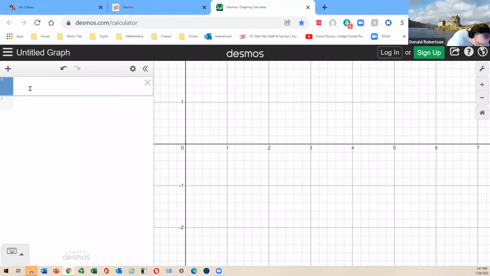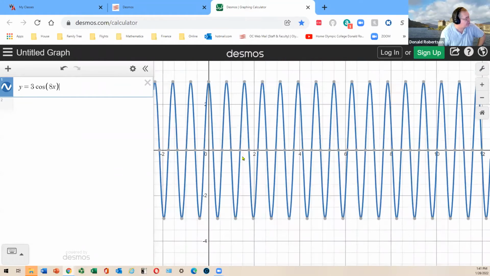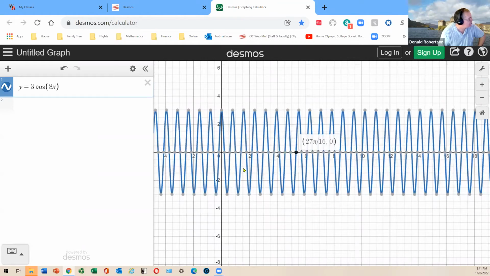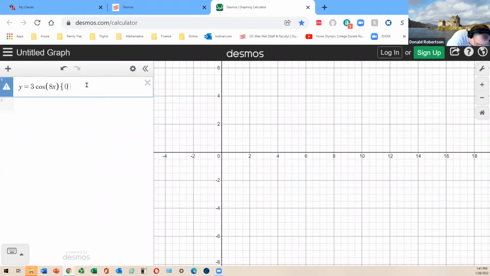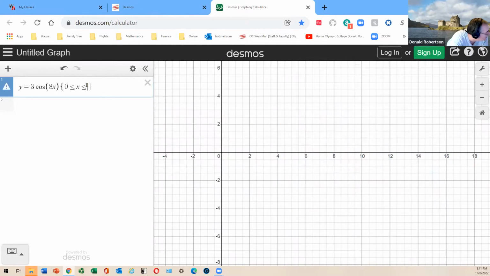So it's y equals 3 cosine of 8x. Okay, don't worry about the weird shape. I think I can make x nicer numbers. So let's do from 0 less than or equal to x less than or equal to 0.79.